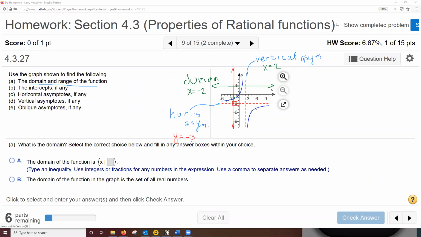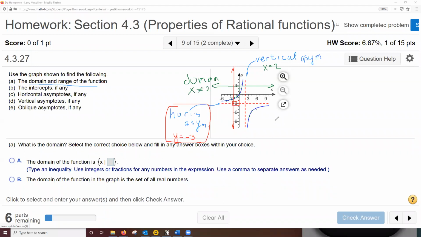But remember, the graph never touches y equals -3. By the way, for the domain, I should have written x not equal to 2. I'm sorry, let me fix this. This should have been x not equal to 2 for the domain.